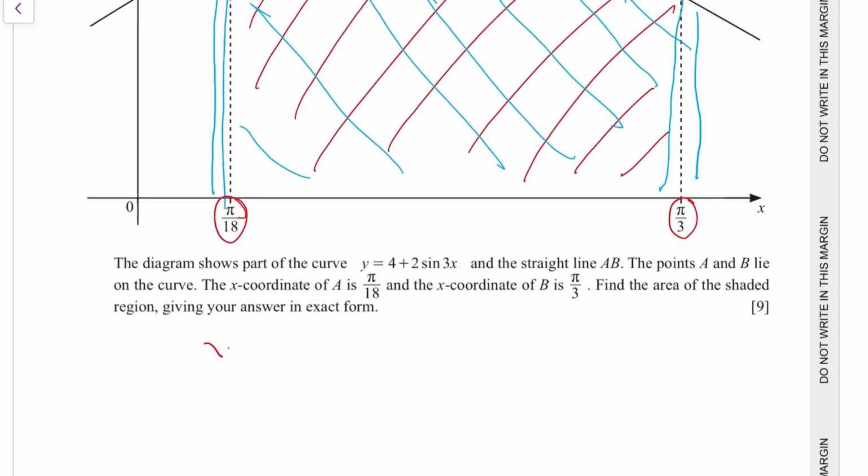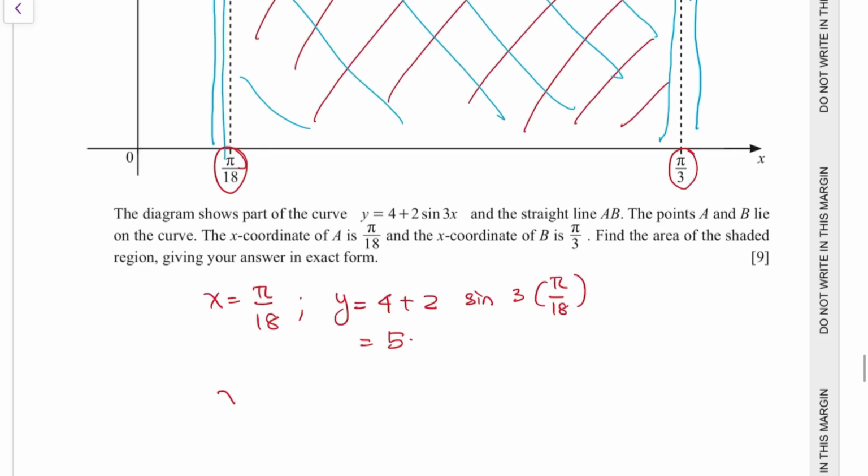When your x is pi over 18, your y would be 4 plus 2 sine 3 times pi over 18, which means your y is equal to 5.